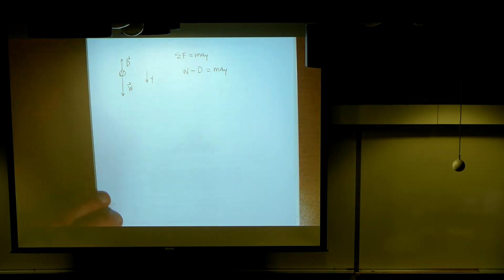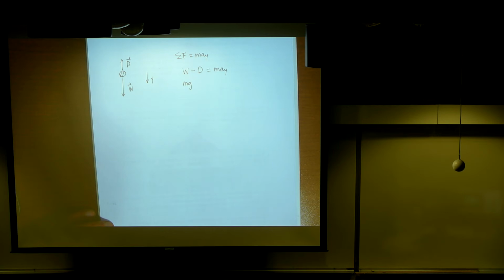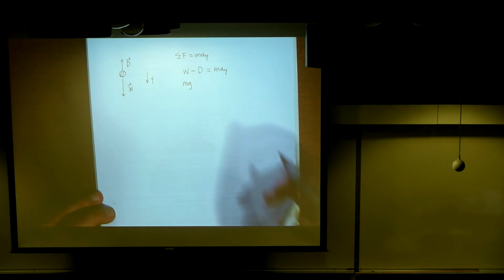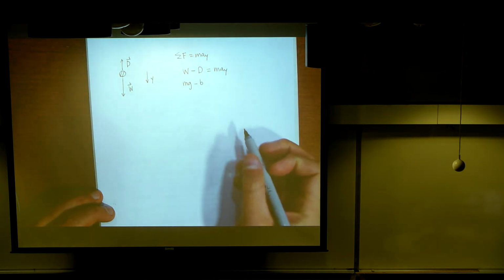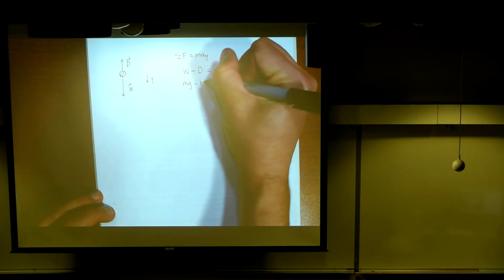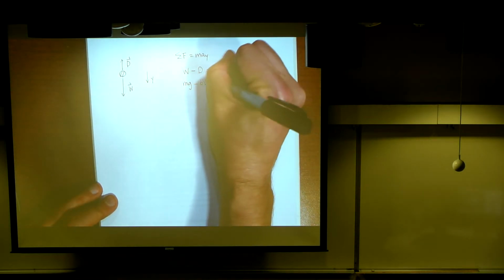I'm going to make a few substitutions right in this equation. For the weight, we have m times g. For the drag force, this is given by the constant b times the velocity v. And then for acceleration, on this side we have m times a.